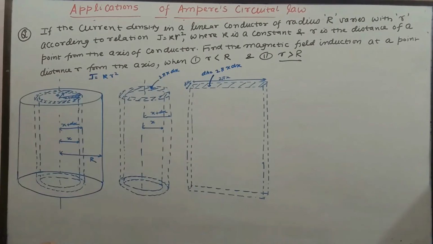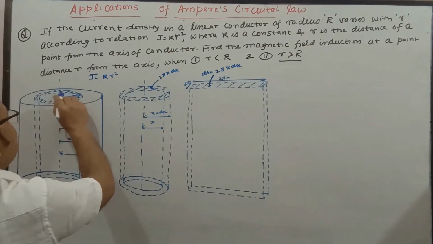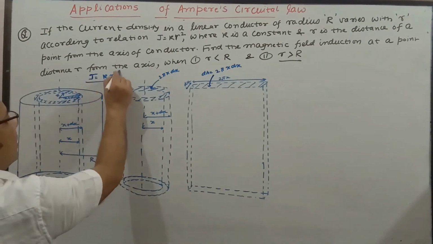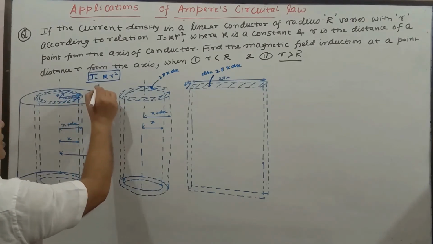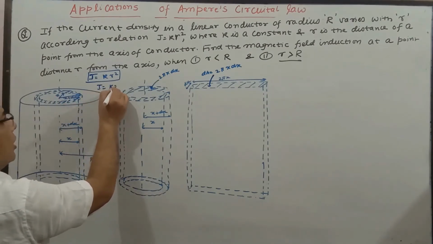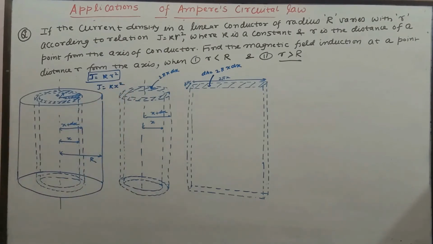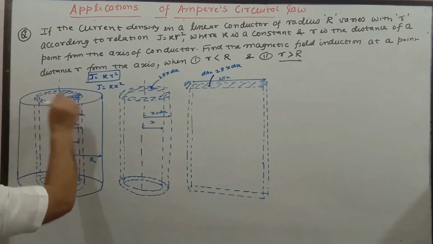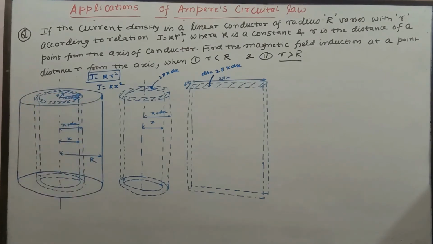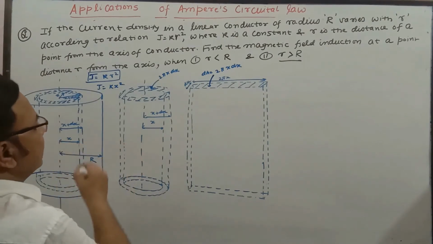You know the current density at a distance x from the center using this formula, that is J equal to k into x square. So up to x, if you are going up with a change in the x radius, there is almost no change in J. That is what we are assuming.